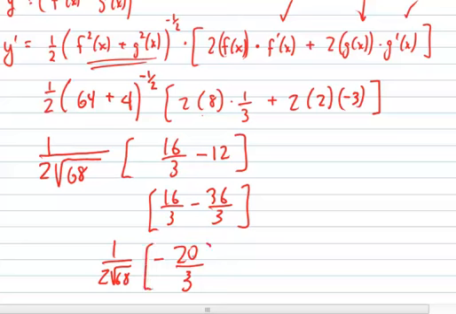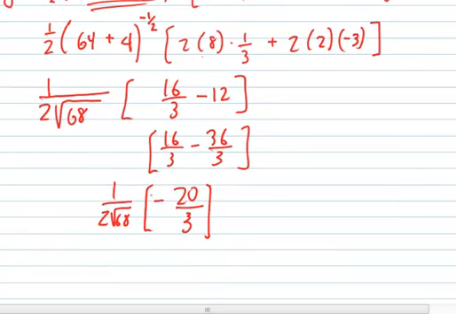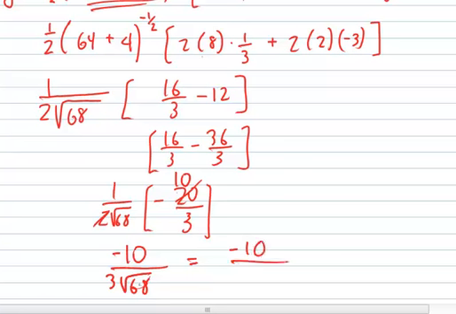Now this is just simplifying, and that negative 20 and that 2 make 10. So I have negative 10 over 3 root 68, and I'm sure I can get a 4 out of the 68. So it'll be negative 10 over, 4 divides out of 68, that makes 17.